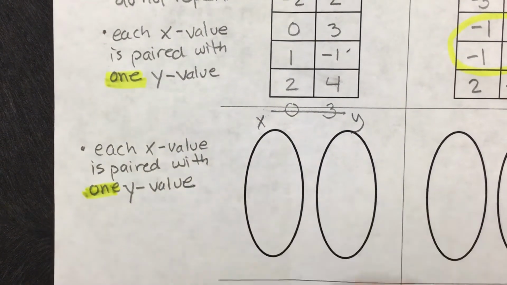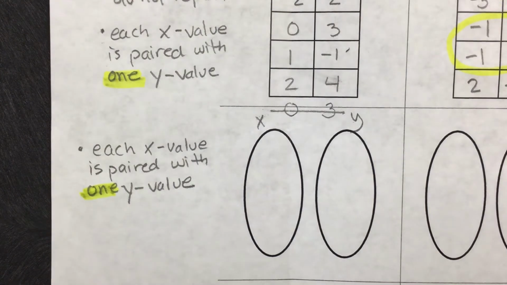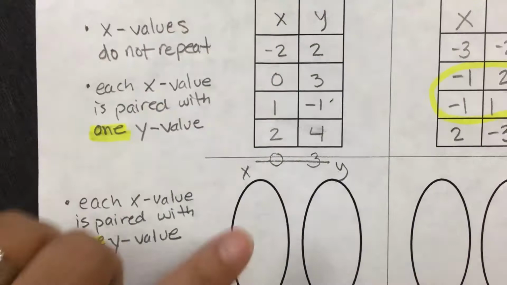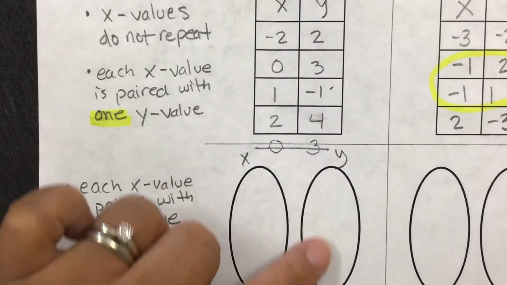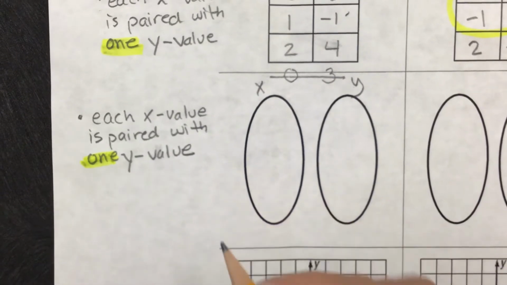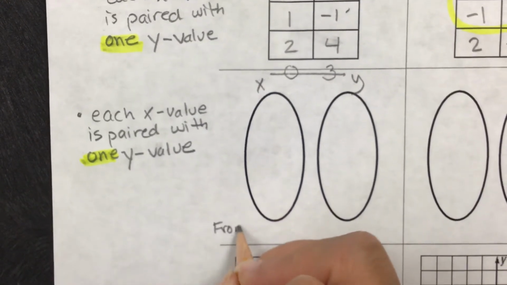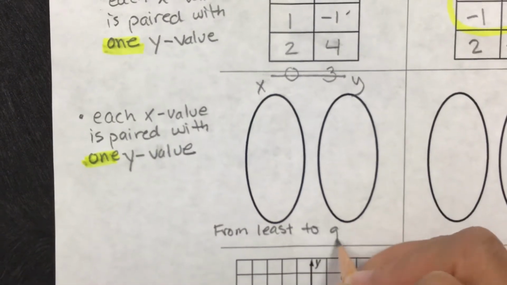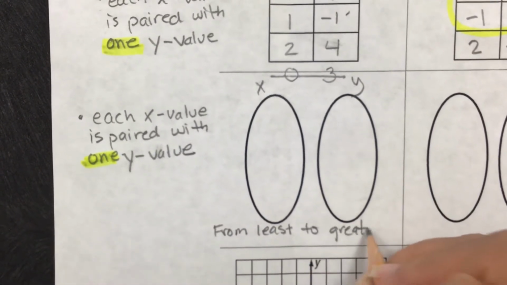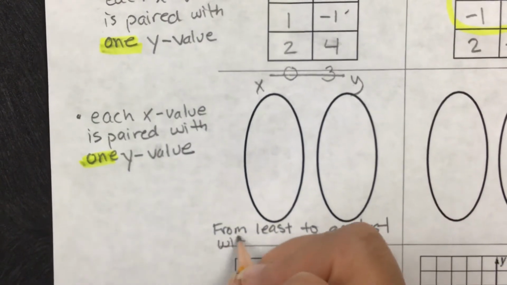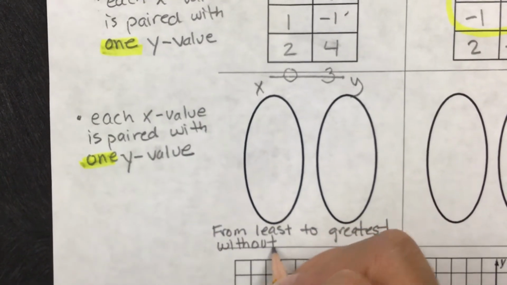So all of these on this side is a function. So from the table right here, we're going to write down the x values and the y values. For mapping, it's important to make sure that you write it from least to greatest without repeating.